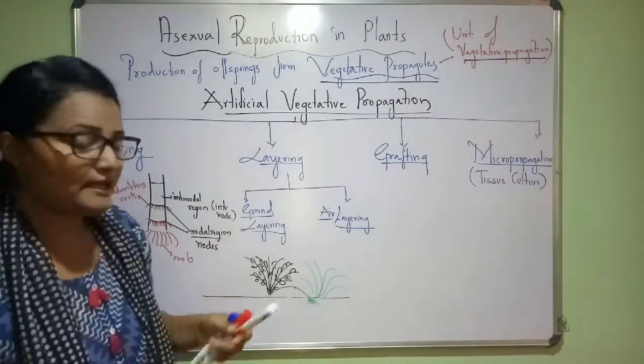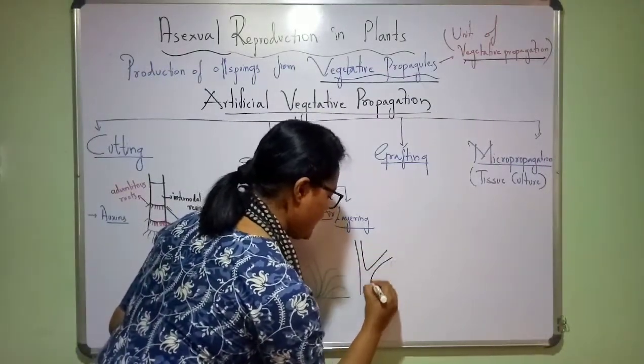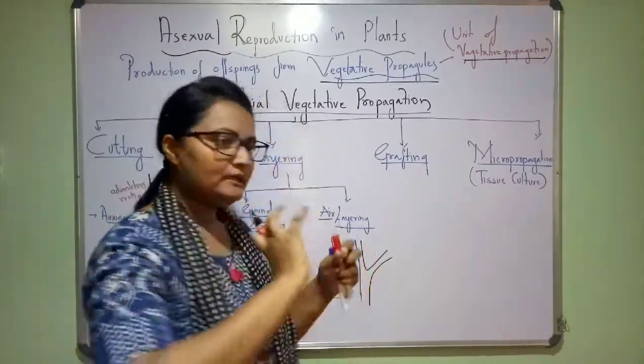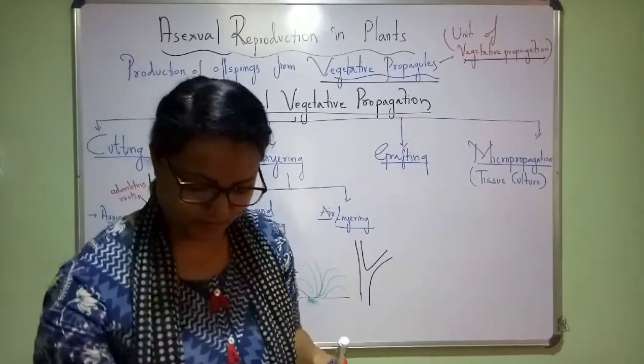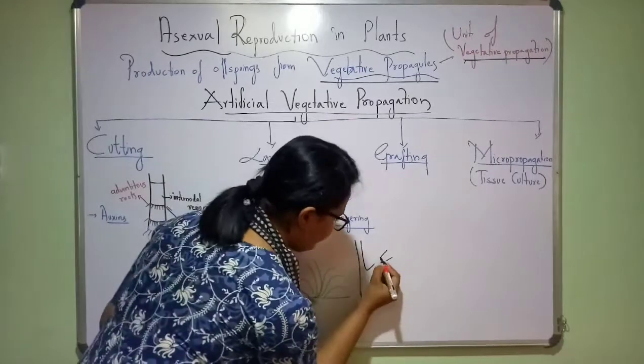Next, what happens in air layering? Just imagine this is a branch of a stem. They cut the outer dead or dried part of the stem, like this.